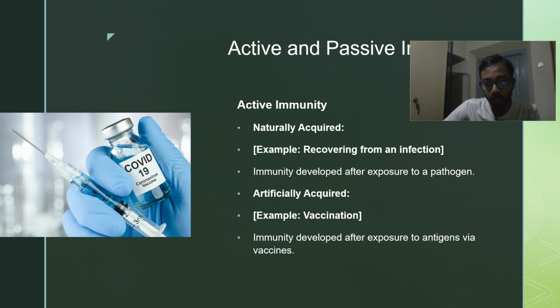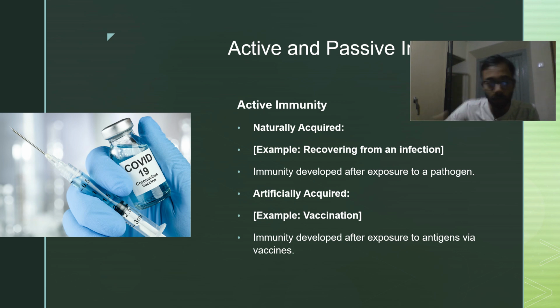That means that virus is unable to make you symptomatic, but after exposure to that virus, your body produces these antibodies and memory cells, and our body is still producing them.